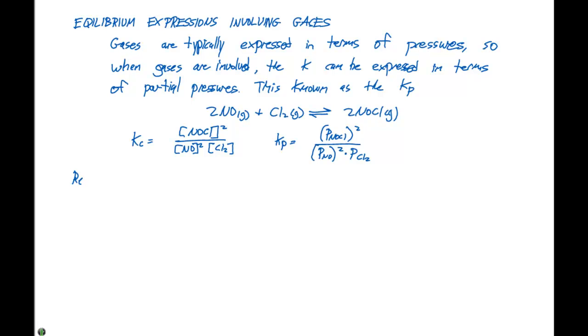So let's look into the relationship between Kc and Kp. So we remember PV equals nRT, and if we rearrange this expression to be the pressure equaling n divided by V times RT, and we look into the units, n is moles, volume can be expressed in liters, and this is like a concentration term.